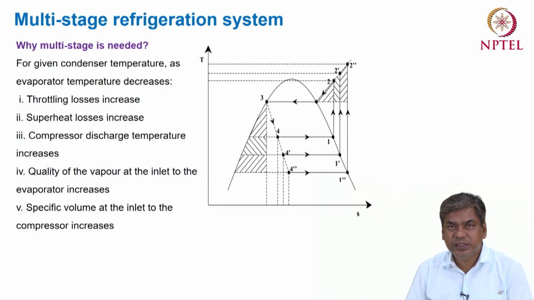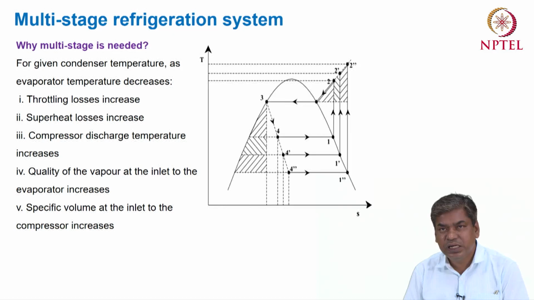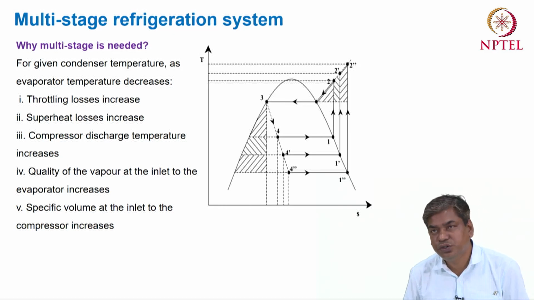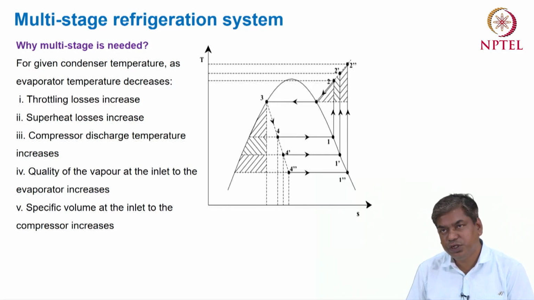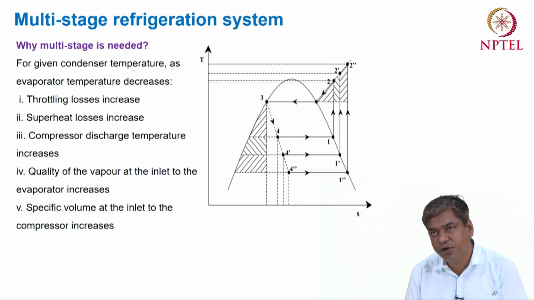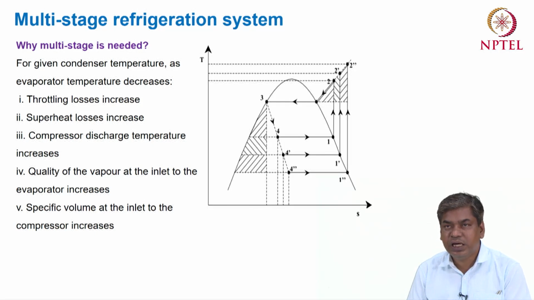So the compressor discharge temperature will also increase, and the quality of vapor at the inlet of the evaporator will also increase. The quality at point 4 double dash is higher compared to point 4, which will give a lower specific cooling capacity of the system.